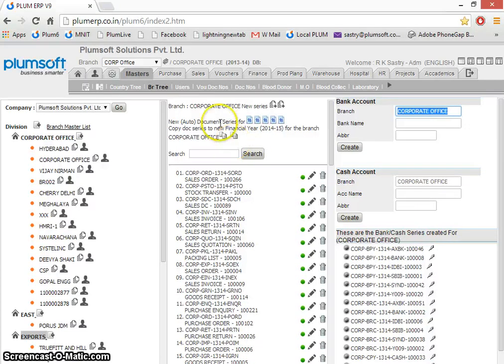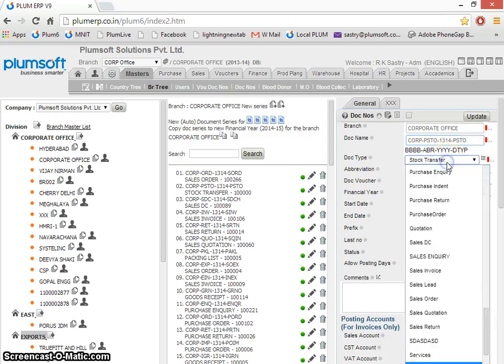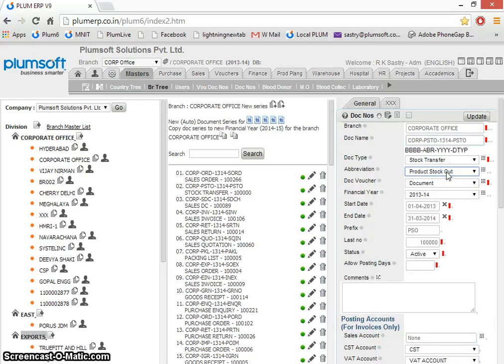Having created them, they will respectively sit in different forms, and each and every document has lots of features like the document series and document type, with more than around 30-40 document types defined in Plum ERP, then the related abbreviations, indicating whether it is a document or a voucher.